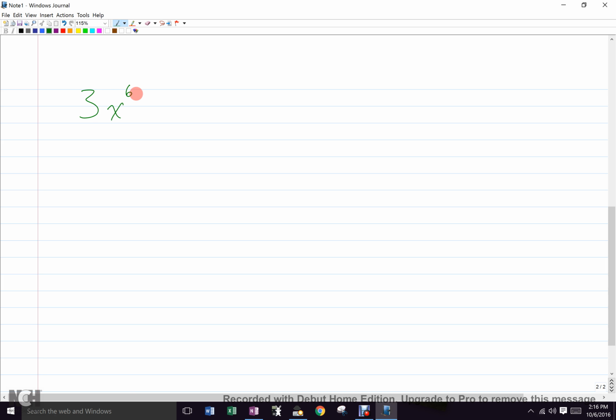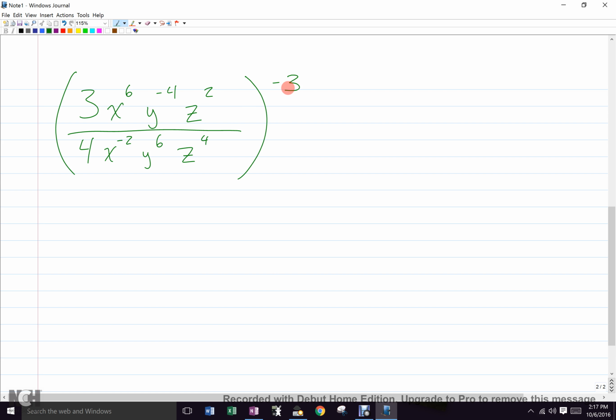3x to the 6th, y to the negative 4, z squared over 4x to the negative 2, y to the 6th, z to the 4th, all to the negative 3.